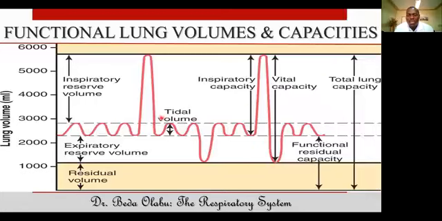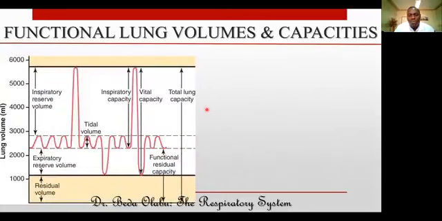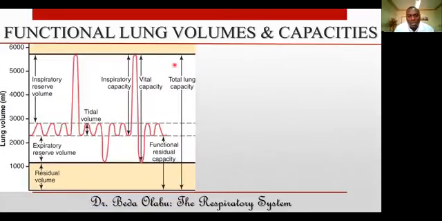The difference between the volumes and the capacities is that the capacities are additions of 1 or 2 volumes. When you add 2 or 3 volumes, you get the capacities. Now let's understand them. I want us to talk about the functional lung volumes. Then we'll talk about the functional lung capacities.